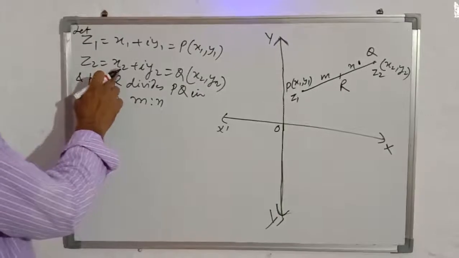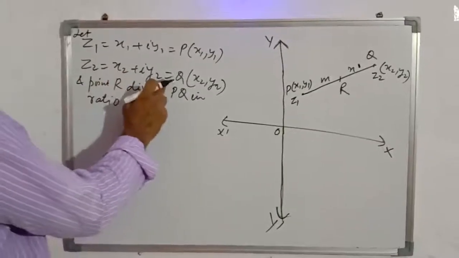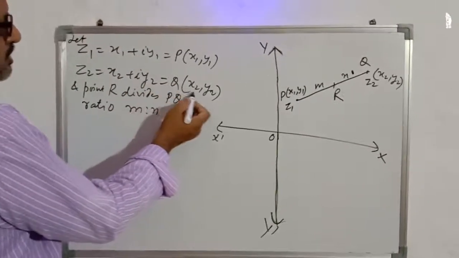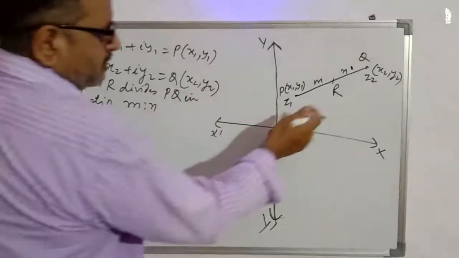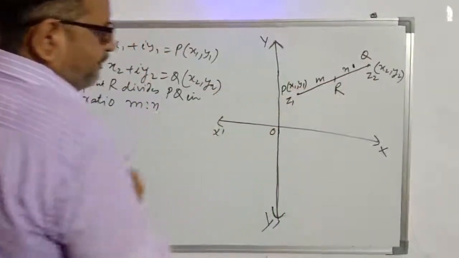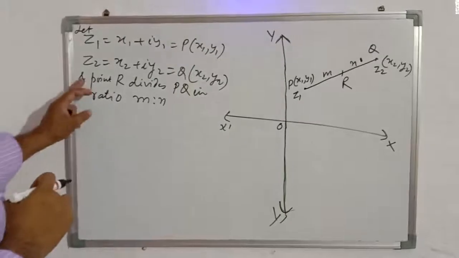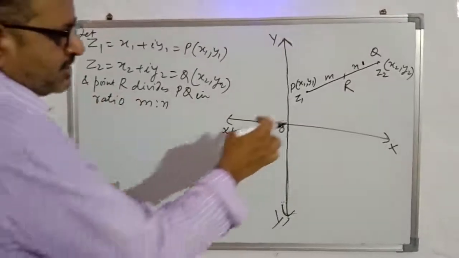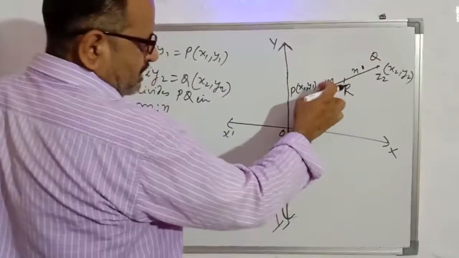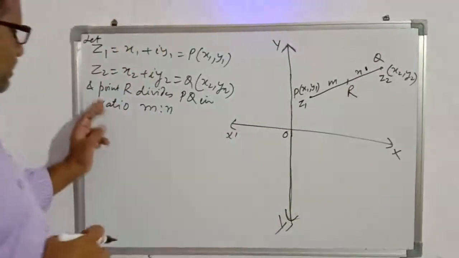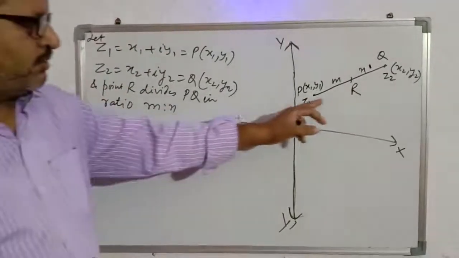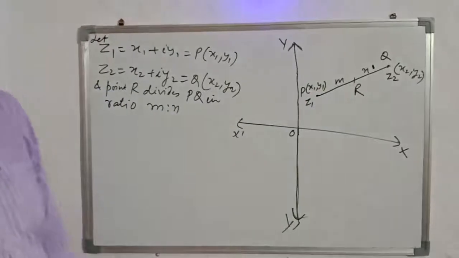Z2, another complex number, x2 plus iy2, is represented by the corresponding point Q, ordered pair (x2, y2). So Q is here, P is here. And the point R divides PQ in the ratio m:n.